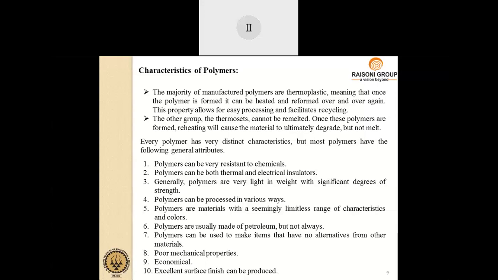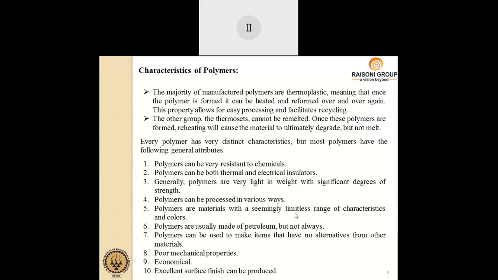So overall, every polymer has very distinct characteristics. Each and every polymer has different characteristics, but most polymers share certain attributes and features.